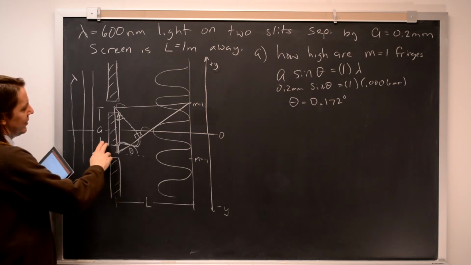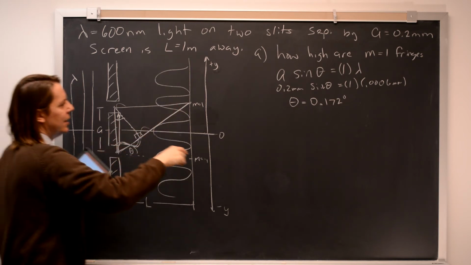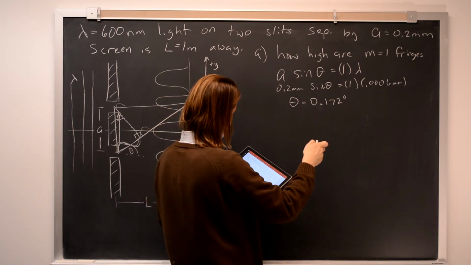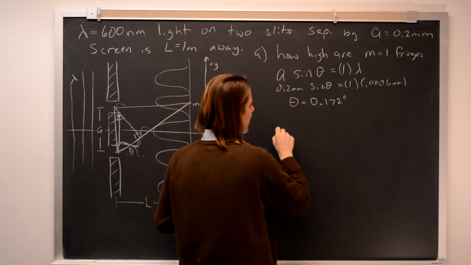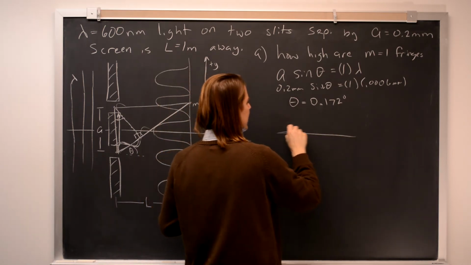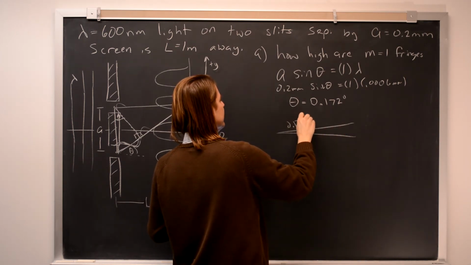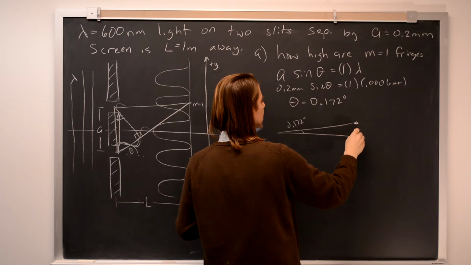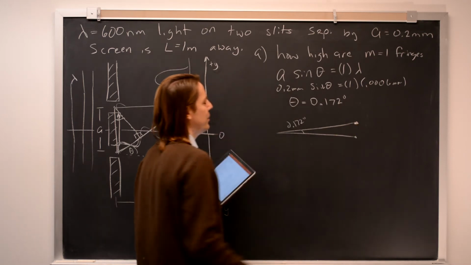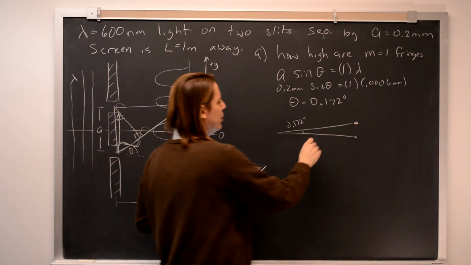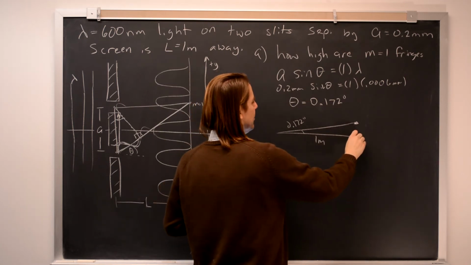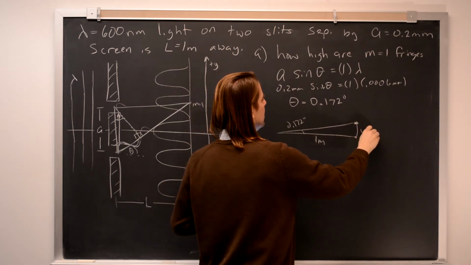So then we just have to think of this little triangle again, and I'll draw it again at a steeper angle so maybe it makes a little more sense. There's the optical axis, and here is this really small angle, 0.172 degrees, and this is where that first m equals 1 maximum occurs. We know we have 1 meter here, and we want that height, y, m equals 1.